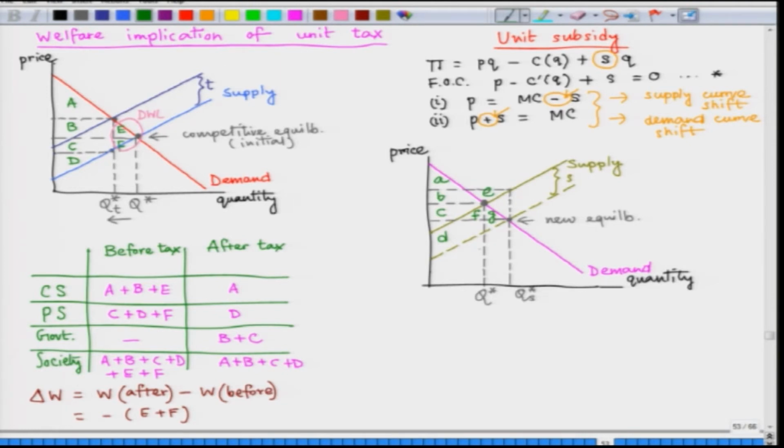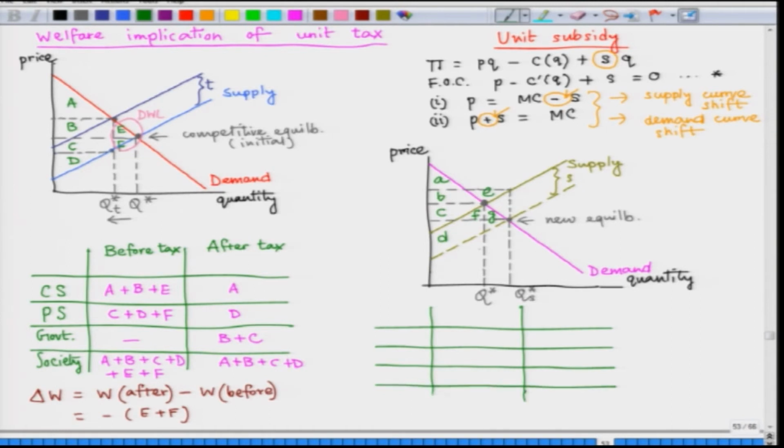So, now we are in a position to draw this table and do the welfare analysis. So, as usual we are going to have a table. Okay. So, we have CS consumer surplus, PS producer surplus, government sector, and society as a whole, right.